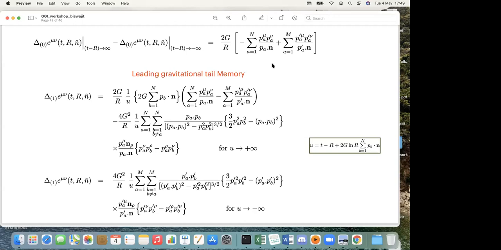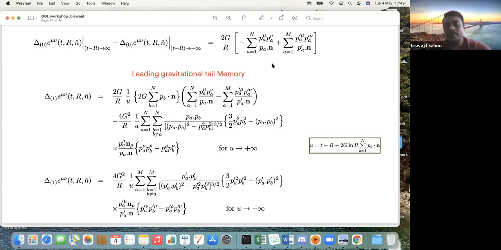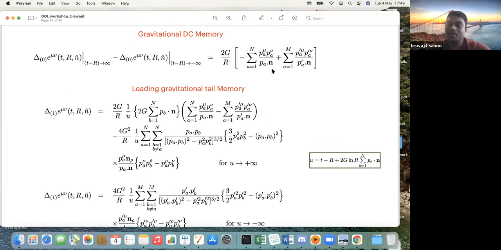Whatever u you take, R definitely has to be larger than that. Both terms have a 1/r factor. You see that this first line is the gravitational DC memory, and this is the tail memory. So both are 1/r. Now this 1/u term has a factor of G and a power of momenta in the numerator, which is basically G times m over u, a dimensionless quantity.